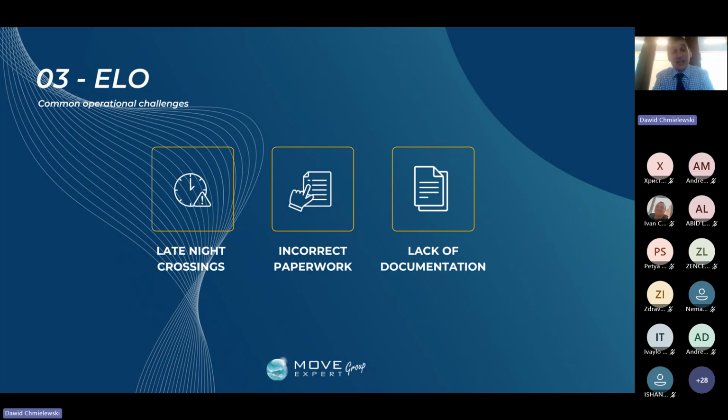If this is a late night crossing, there is no alternative. The ELO will have to be put on hold until all documents are provided. And as far as I know, this is the major problem, and there is no immediate solution to it.